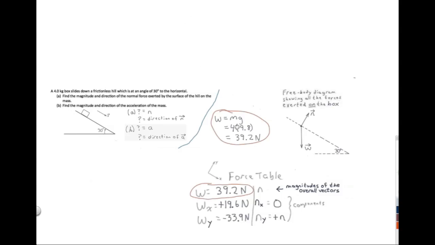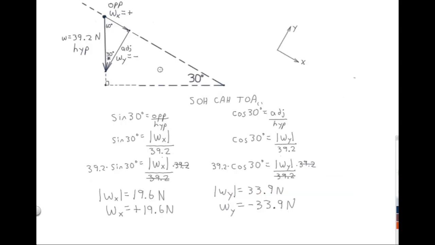We use the special formula W equals mg to determine the magnitude of the overall weight vector, 39.2 newtons. So we label the length of this hypotenuse as 39.2 newtons, and we can substitute that here in our SOHCAHTOA equations. Then we can solve the SOHCAHTOA equations for the magnitudes of the components.